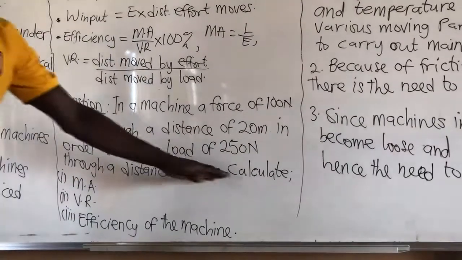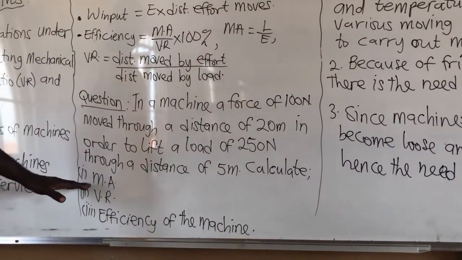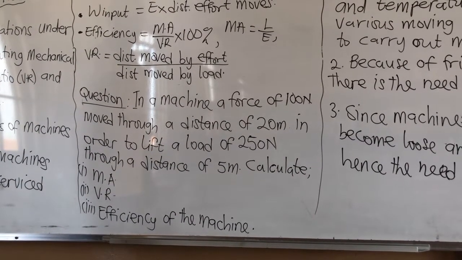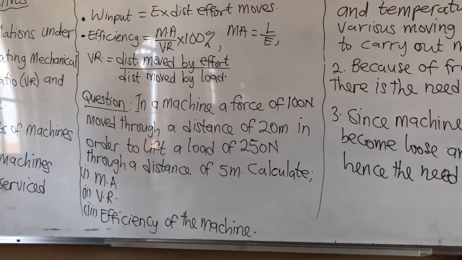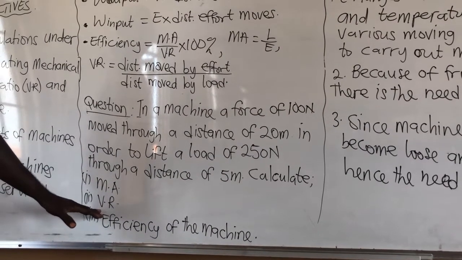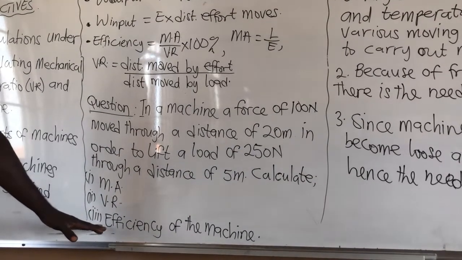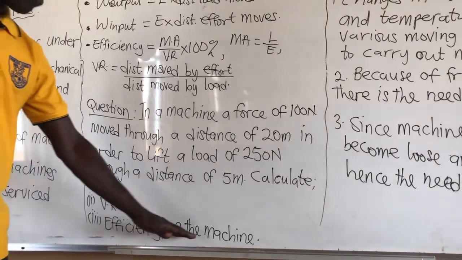We have to calculate one, the mechanical advantage of the machine, two, the velocity ratio, and three, the efficiency of the machine.